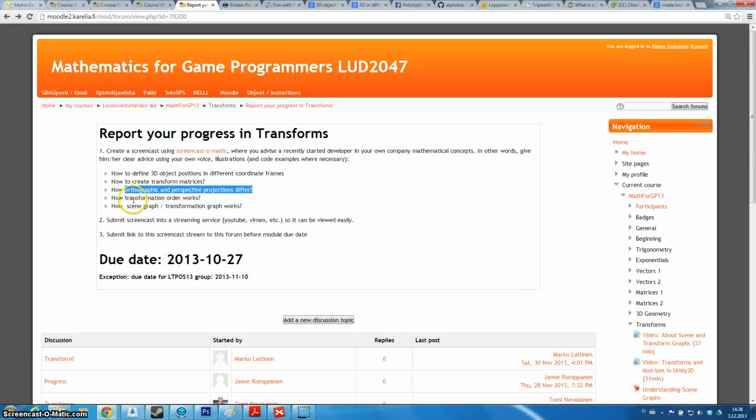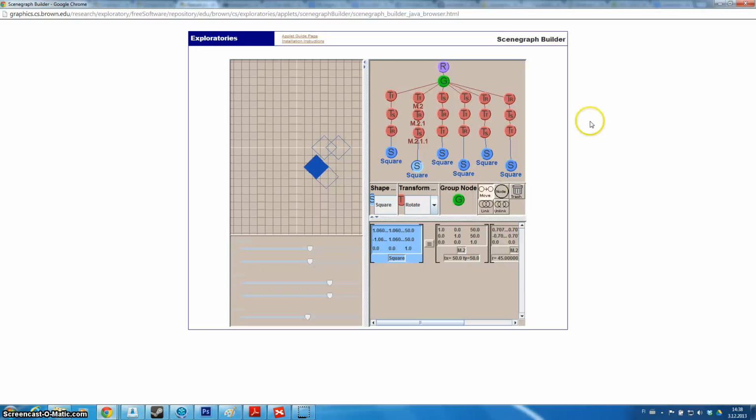Let's go to the next one. How transforming order works. I have used this scene graph builder for representing all the variables of those transformations. Over here is first transform, then translate.